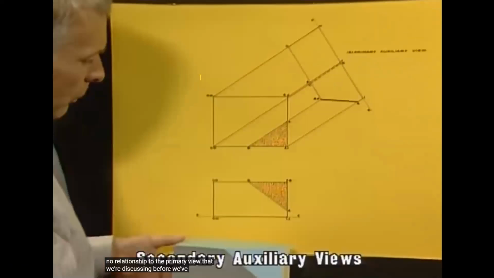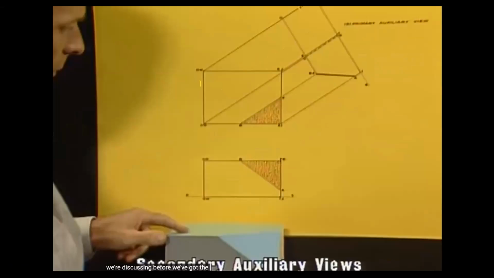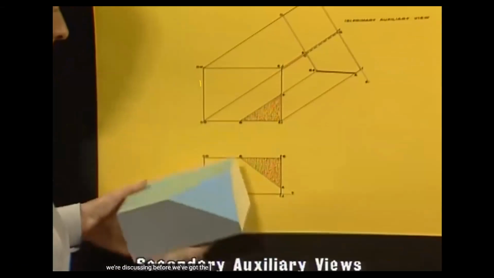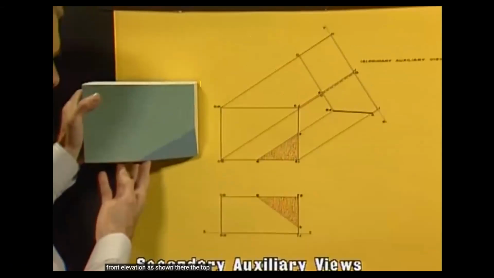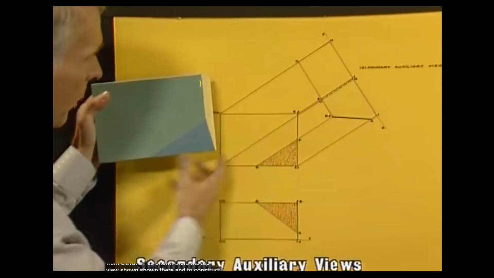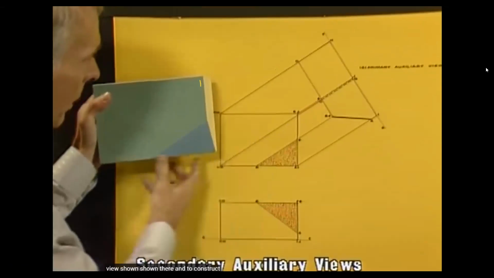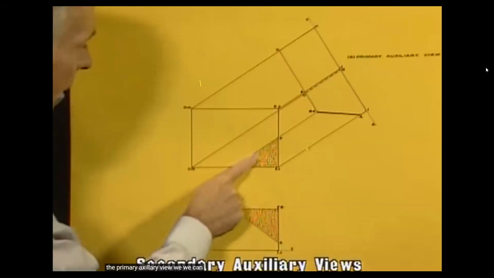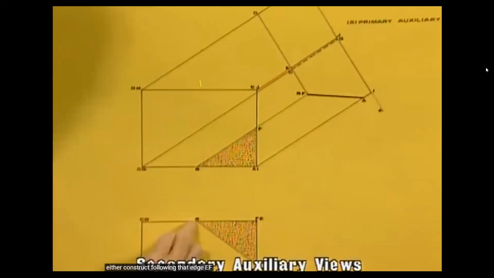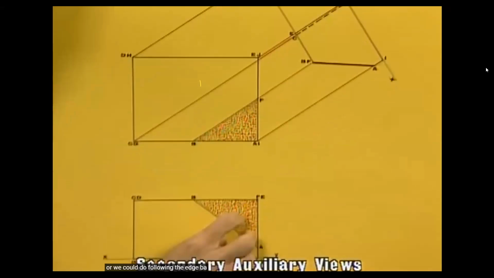We've got the front elevation shown there, the top view shown there, and to construct the primary auxiliary view, we can either construct following that edge BF, or we could do it following the edge BA. We'll look at that one later.